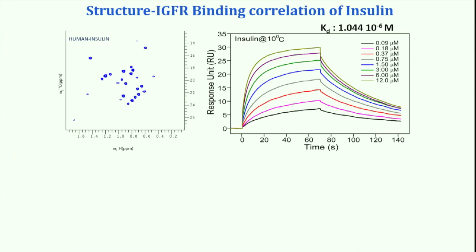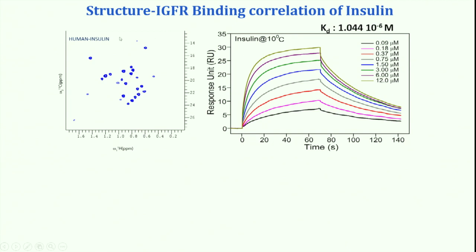Now, another important parameter: why is structure important, why do you need to know whether your biosimilar has a good structure? One example I am going to show is the structure-function correlation of insulin. Here you see human insulin, a very nice spectrum. Now, we combine this with SPR, surface plasmon resonance, which measures the binding of this insulin with a receptor.